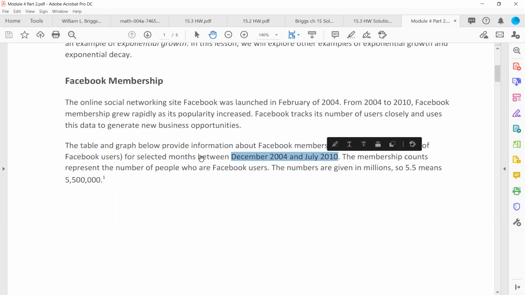The membership counts represent the number of people who are Facebook users. The numbers are given in millions, so when you see a number like 5.5, it is in millions, so you get 5,500,000 users.